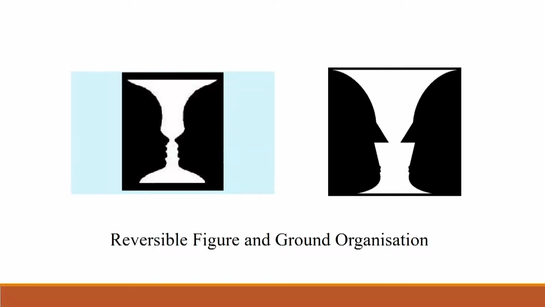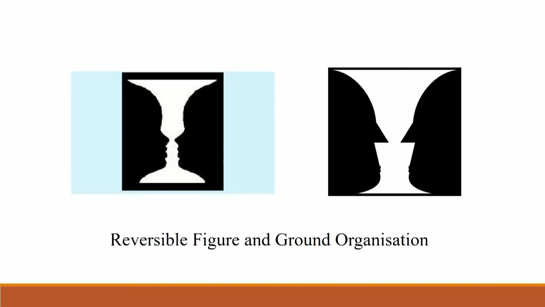So this is a picture. These are two reversible figure and ground organizations. In the two figures, you can see either of them. The first one is showing that you can see two people, or you can see a vase.